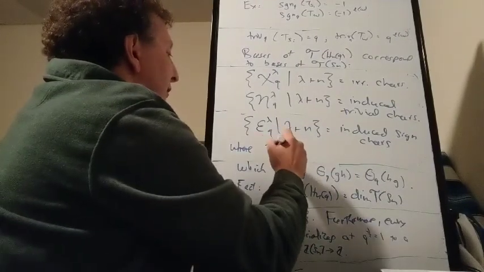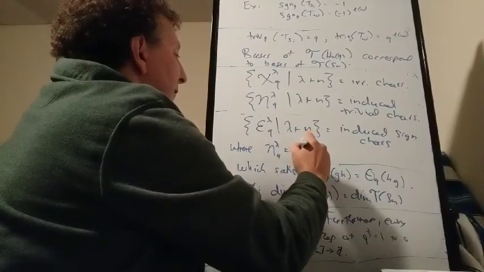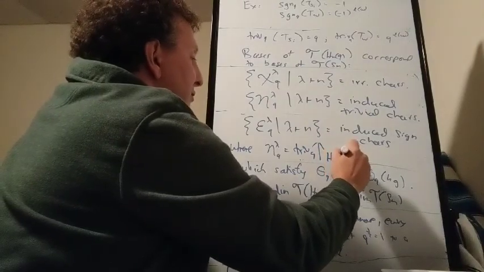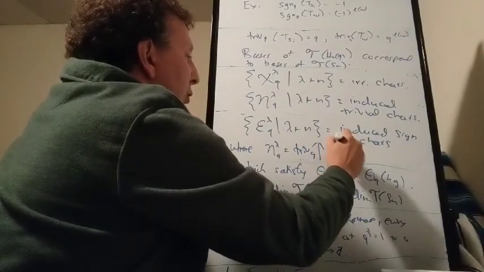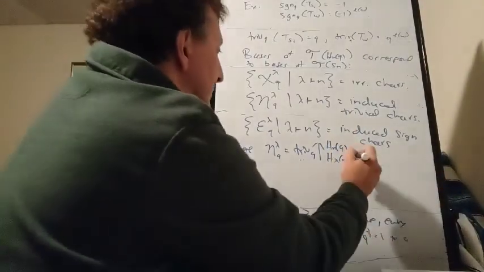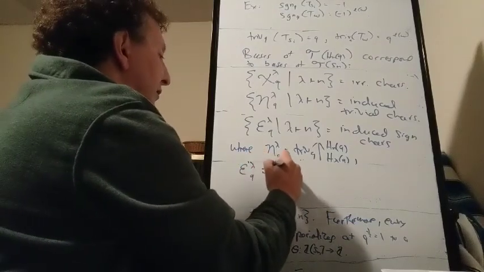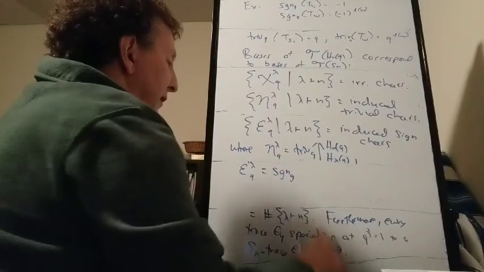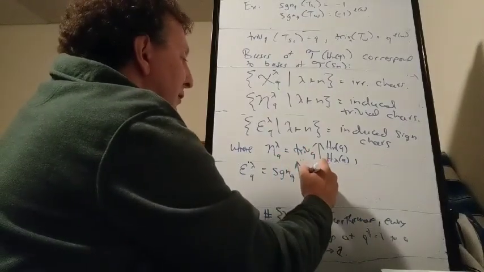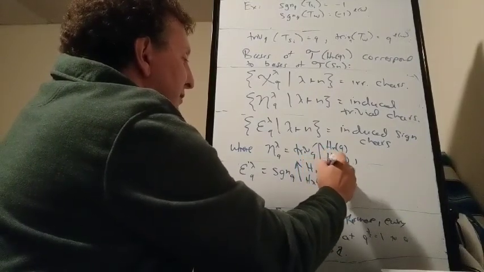So the induced trivial character eta q lambda is the trivial character induced from a Young subalgebra of the Hecke algebra up to the whole Hecke algebra. And the induced sign character equals the Q sign character induced from this Young subalgebra to the whole Hecke algebra.